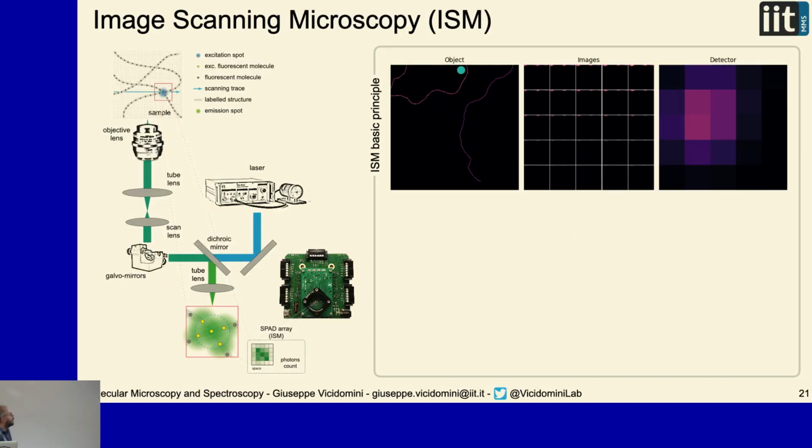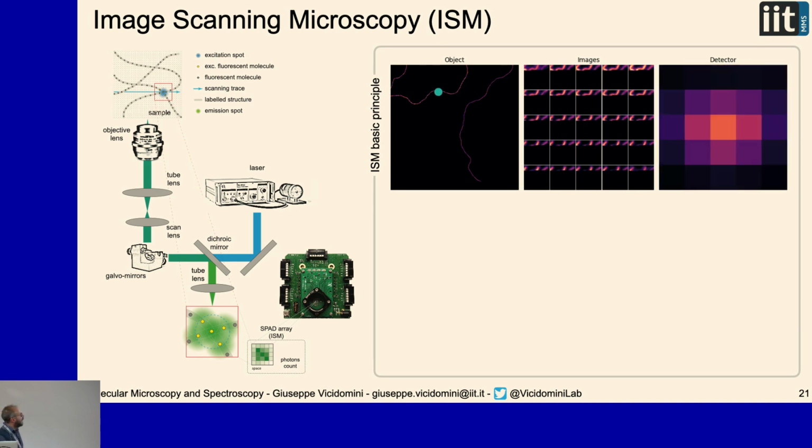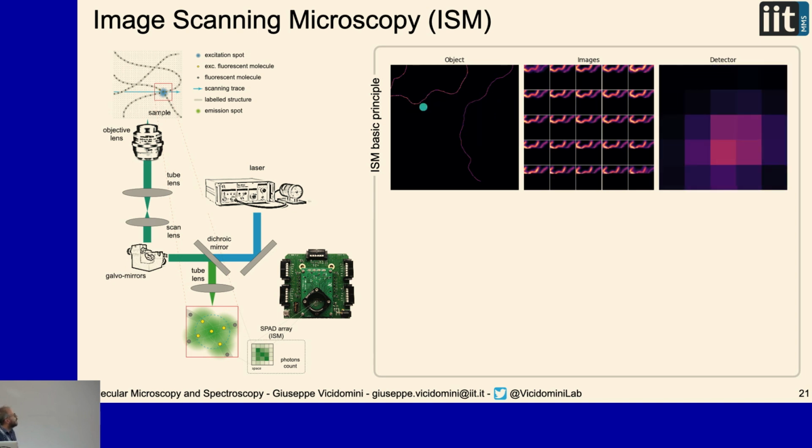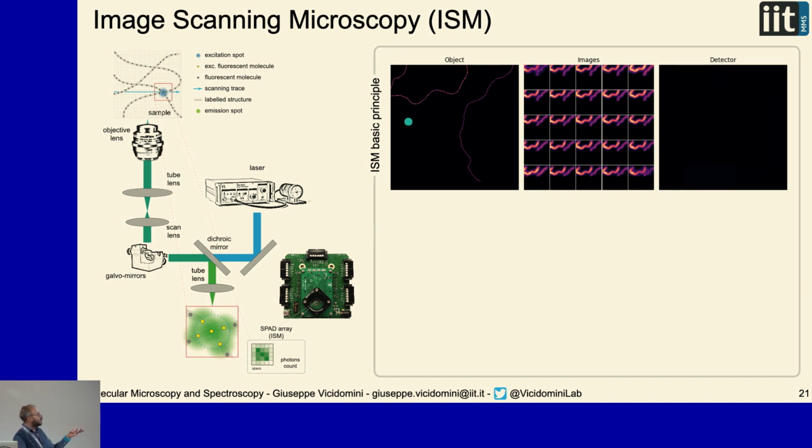So here is an example of how the image is built. For each position of my sample, here I mimic a scanning, I collect what we call a microimage. That's the image of the probing region. But you can see this data set from a different point of view. If you think that every element of the SPAD array, of the detector array, is like a pinhole, then at the same time that I'm scanning, I build up 25 images, because here it's 5 by 5 elements.